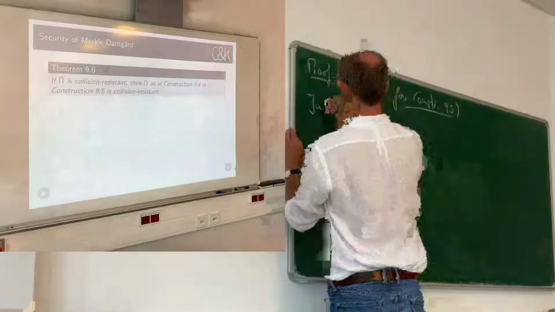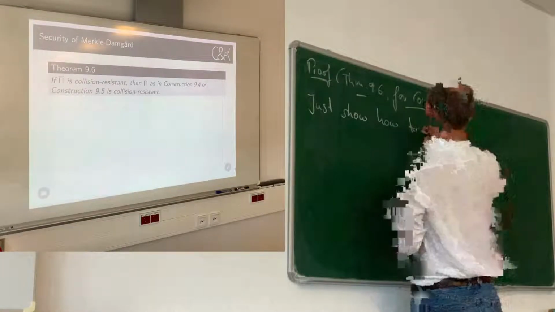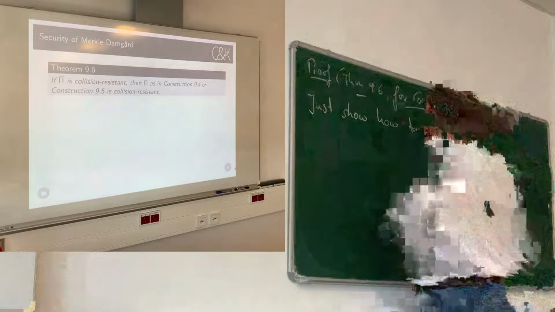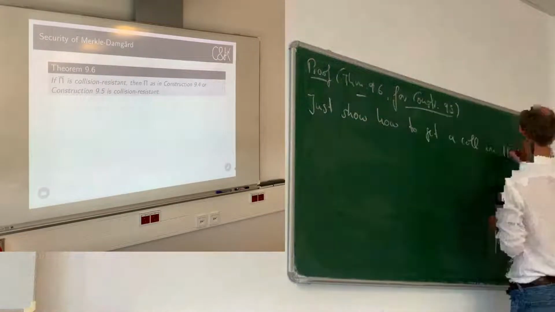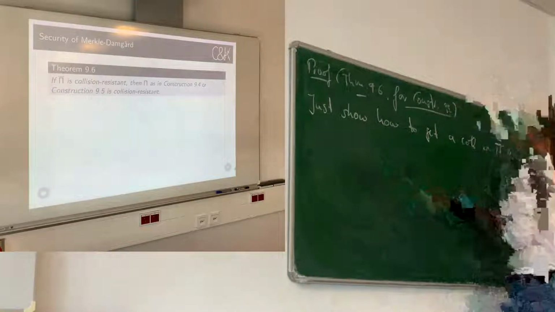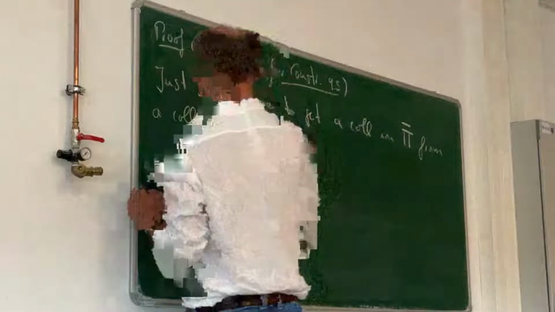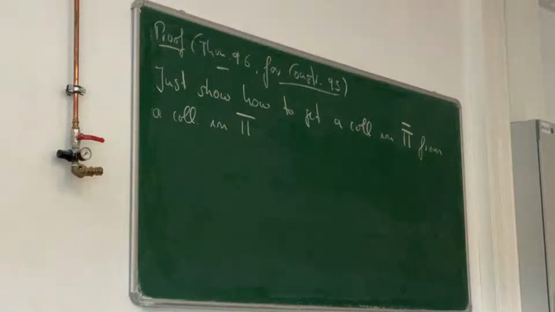So, just show how to get a collision in pi bar from a collision in pi. And you will see that the way I get from one to the other is easily doable in polynomial time.